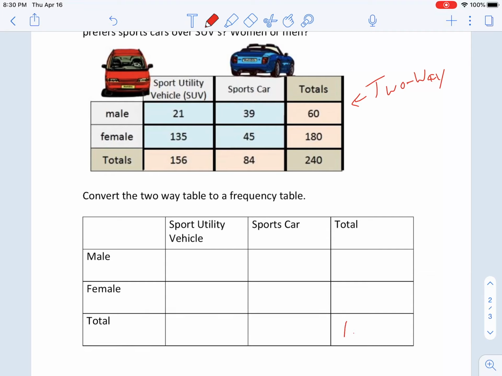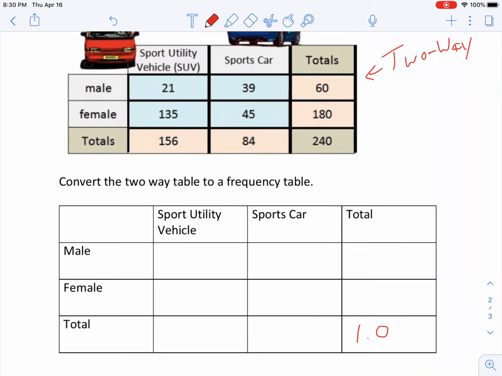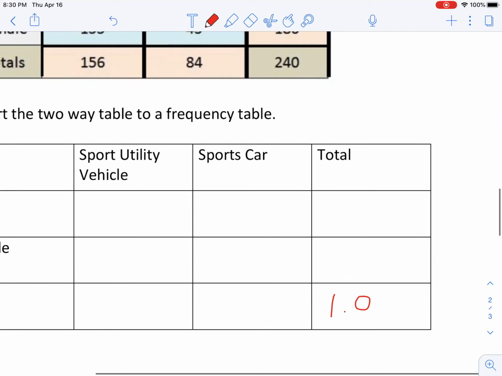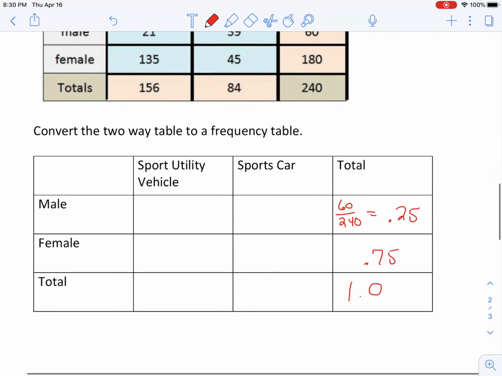So again, remember, no matter what, it has to add up to 100%, or 1.0 as a decimal. And then for all the rest of the numbers, you just take the total of that specific box and divide it by the total of people that were actually surveyed. So this is going to be 60 over 240, which is 6 over 24, which is 1/4, so this is 0.25, which means this is 0.75.